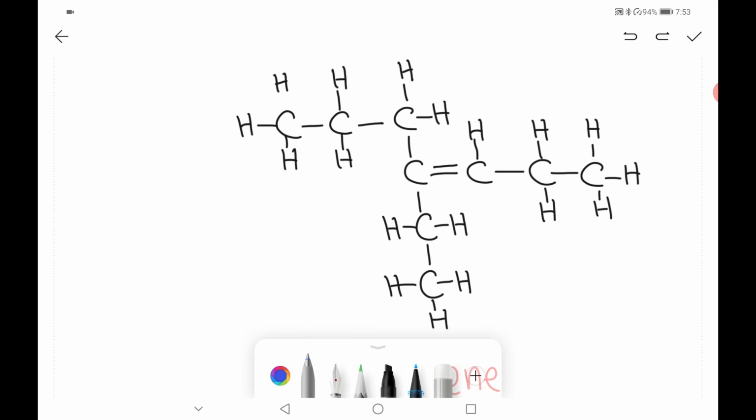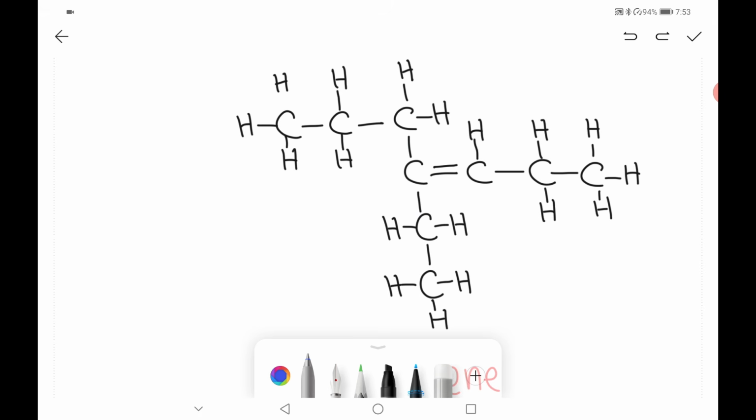And more importantly, the double bond is not inside the backbone. You see, single bond, single bond and single bond. Cannot. When you have alkene, you must make sure the longest backbone contains the double bond.